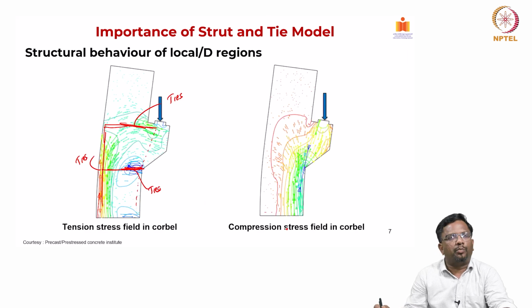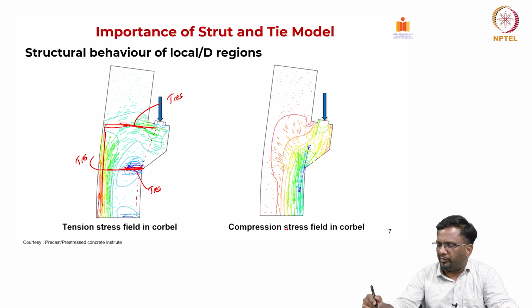Now how about the compression stress field? As we can see here, for the same beam, as I told you, compression stress field is going to go like this, right. In addition to that, you also have compressive stresses that are developed like this, right. So these are the regions where compressive stresses are getting developed.